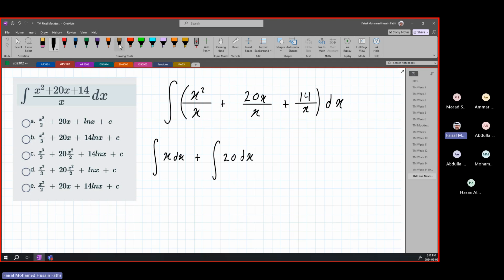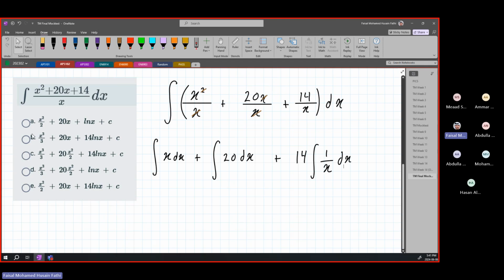Why? Because the square goes with x, x will go with x, so we're left with just 1 or 20 up. Plus, we can take the constant outside and do the integration of 1 over x dx.